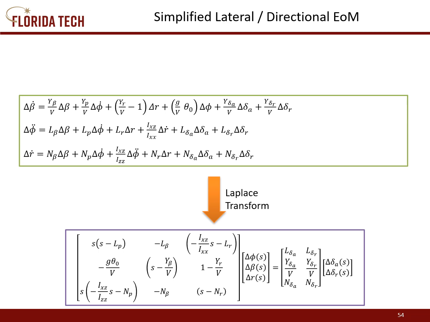We'll probably just save that for a homework assignment to give you practice using the slides here and the techniques we applied to longitudinal, and see if you understand how to pull out the specific transfer function you need given all the variables that are provided. With that, this concludes the module on solving the equations of motion.